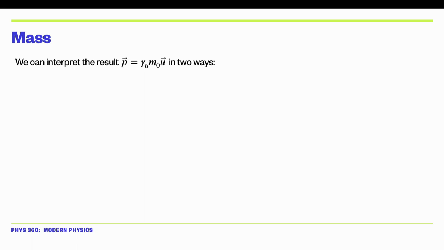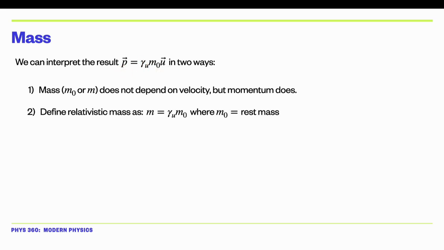So our result that momentum is the gamma factor times mass times velocity can be interpreted in two different ways. The first, which is the way that we're going to think about it, is that mass is a constant. It's the rest mass. And so when a particle goes to a higher velocity, the gamma factor is multiplied by the mass times velocity to show the relativistic increase in momentum.